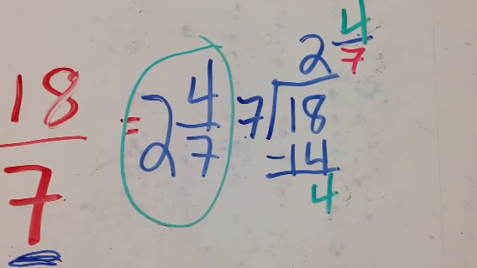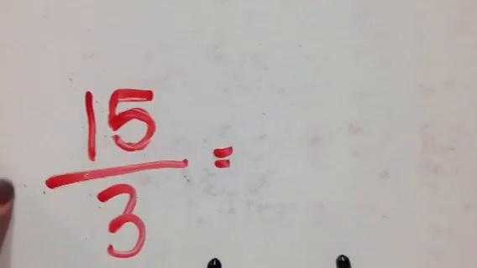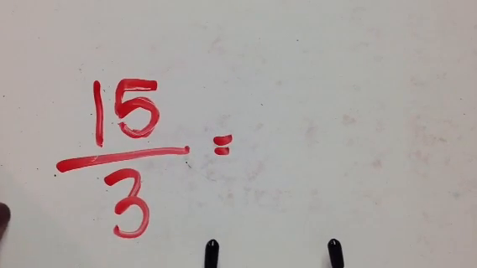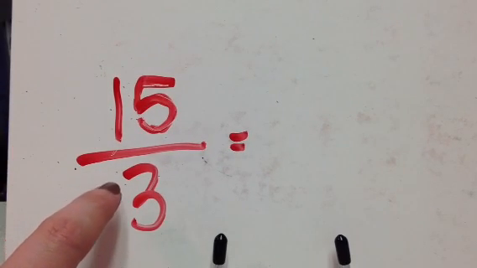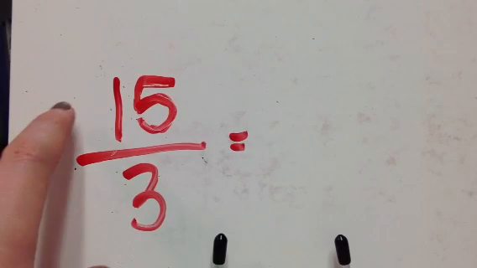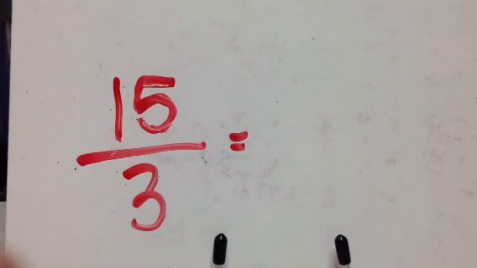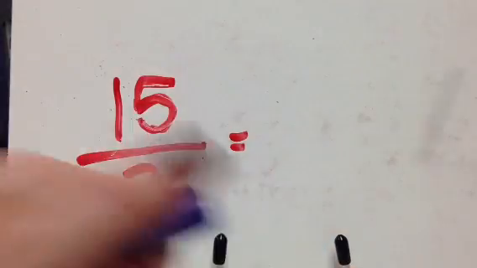Let's look at one last example here. 15/3. Okay, so again, if I had a picture of this, I would have a bunch of objects broken into 3 pieces each, and I'd have enough of them that I could shade in 15/3, 15 of those little third pieces of the objects.